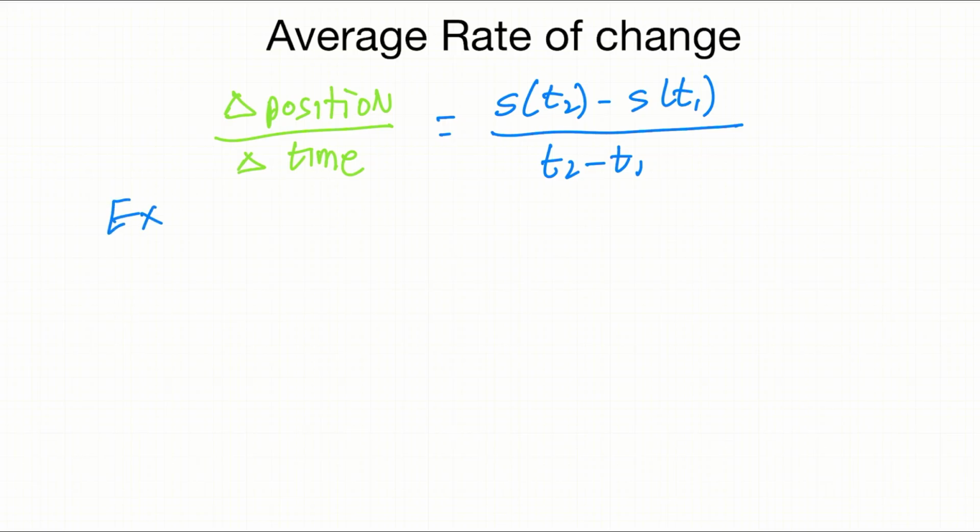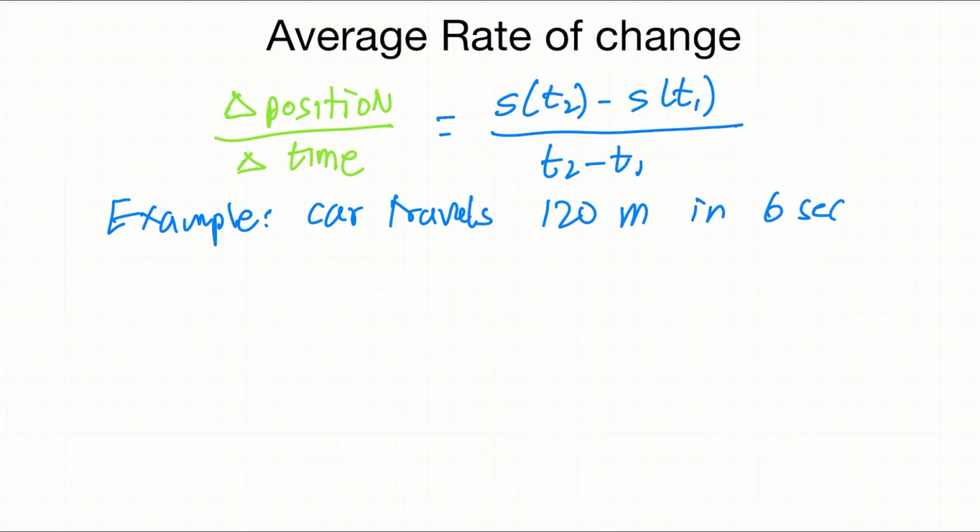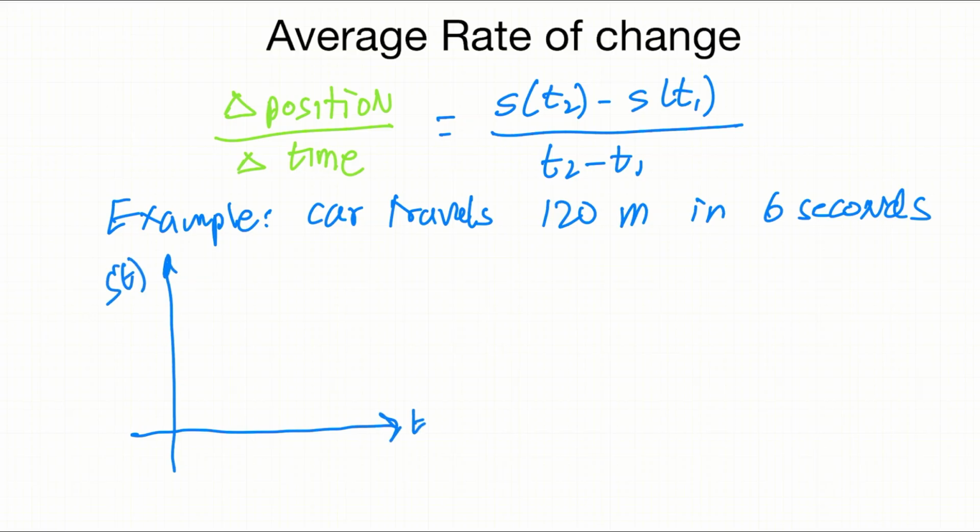So let's look at our car example. Our car travels 120 meters in 6 seconds. So what is the rate of change? Let's draw a graph of that. Here's our time axis, and the position of the car is a function of time. We know it goes 120 meters in 6 seconds.